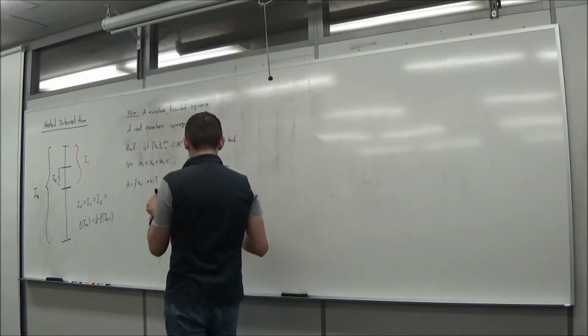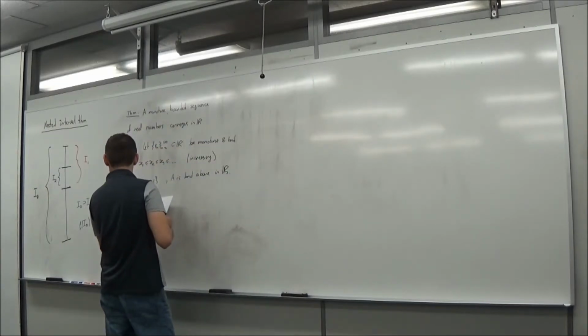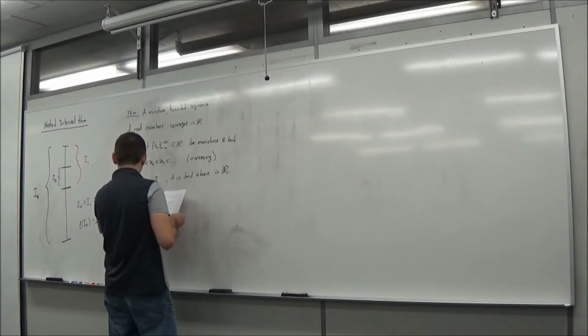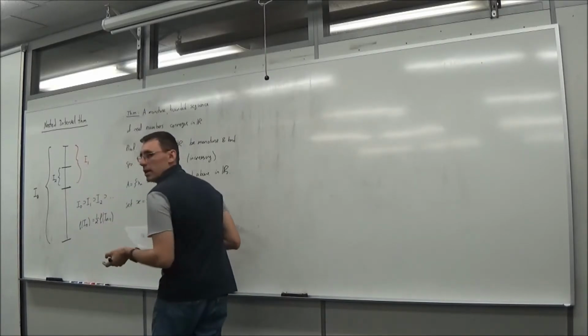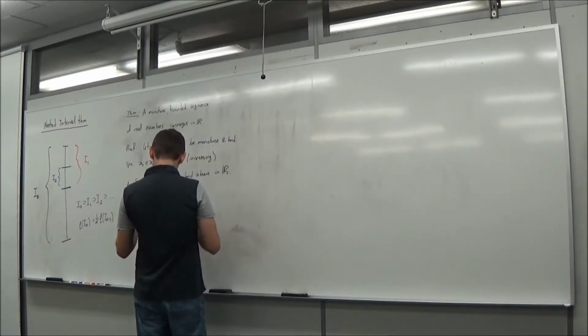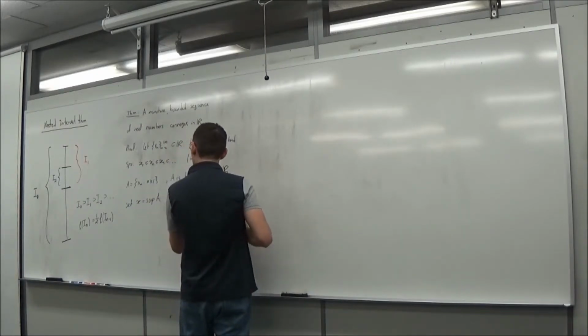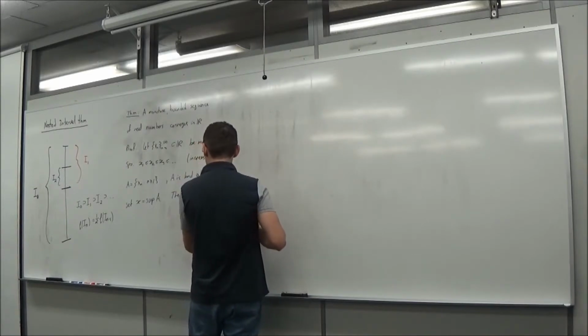So it's bounded above in R. And we're going to set x equal to the supremum of A, and that has to be the limit. So then the limit as n goes to infinity of xn must equal x, and here is why.